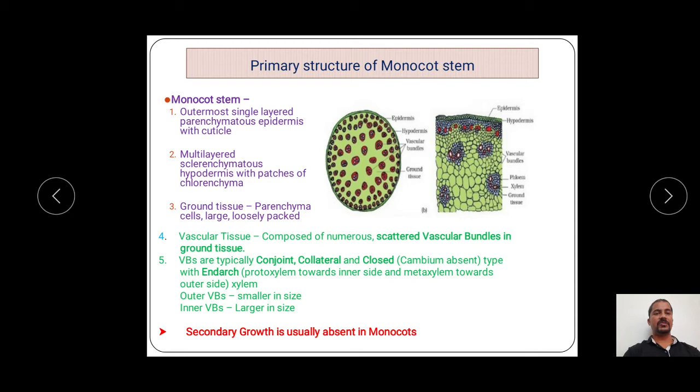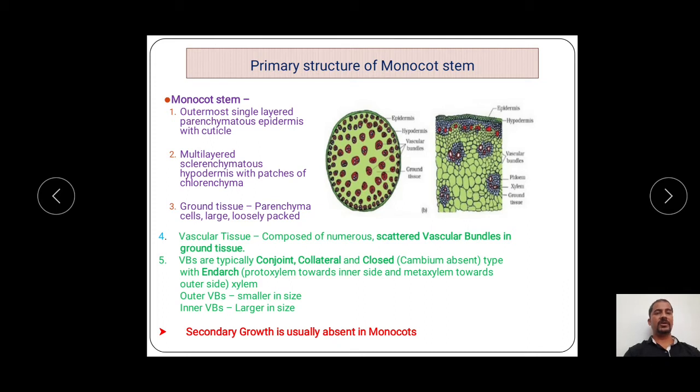This ground tissue is made up of large parenchyma cells, which are very loosely packed and show intercellular spaces. Then within this ground tissue, the vascular bundles are embedded, and these vascular bundles constitute the vascular tissue of the monocot stem.